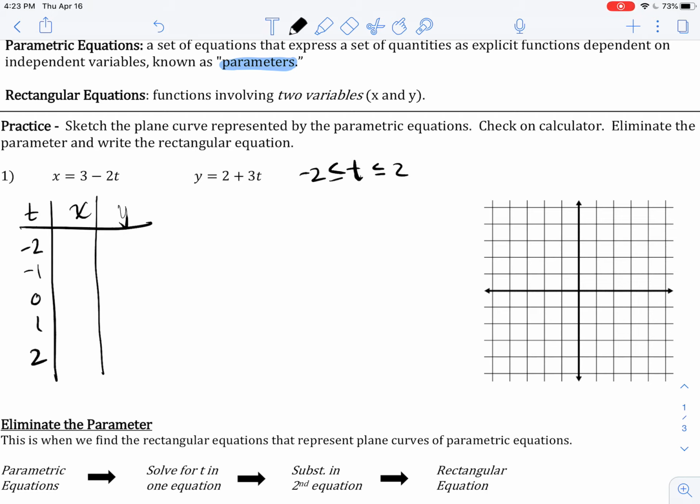So take a moment and pause and try those. So if you've done that, you should get the following values for x. Then you should get some values for y.